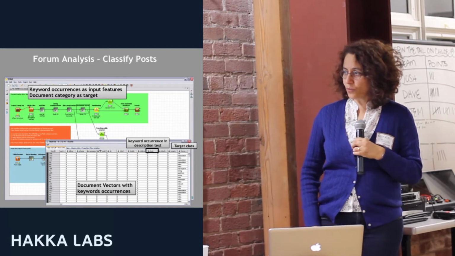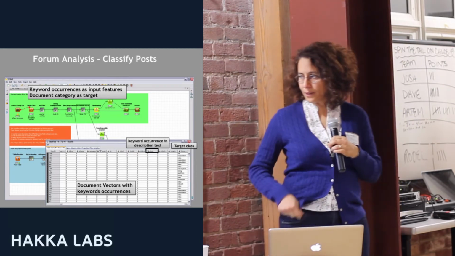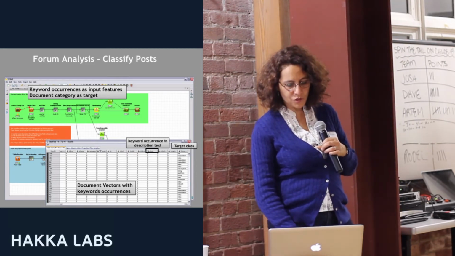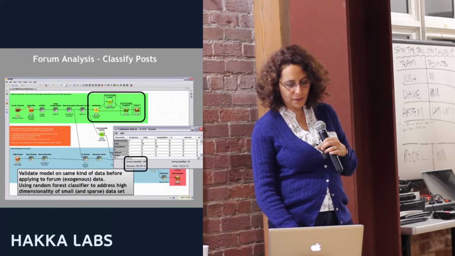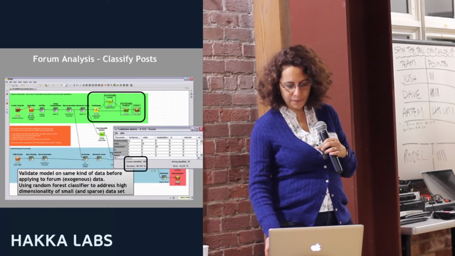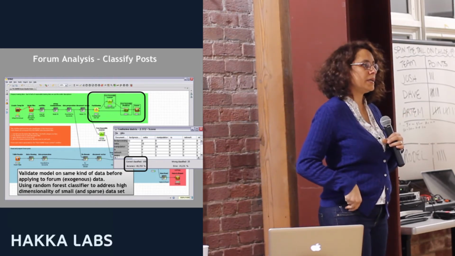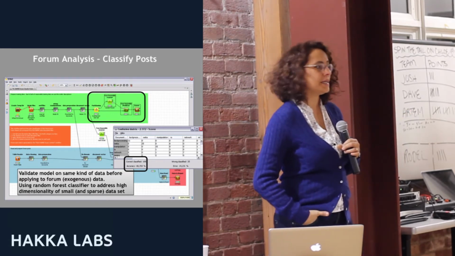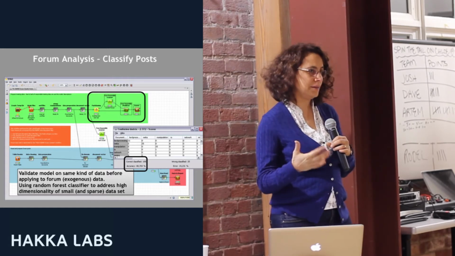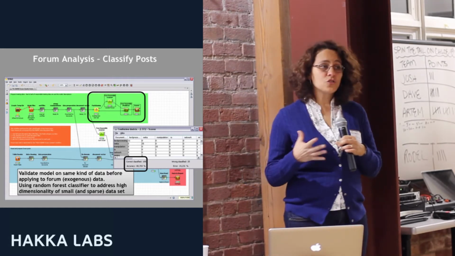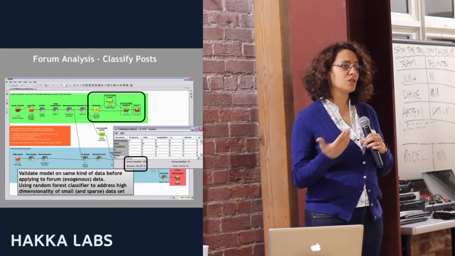And then I use a random forest classifier to address the high dimensionality of the problem, and this is the random forest classifier. As I said, I did this kind of trick to get some taxonomy, because I didn't have a taxonomy to apply to my forum. So I was not sure that the results would actually be correct.